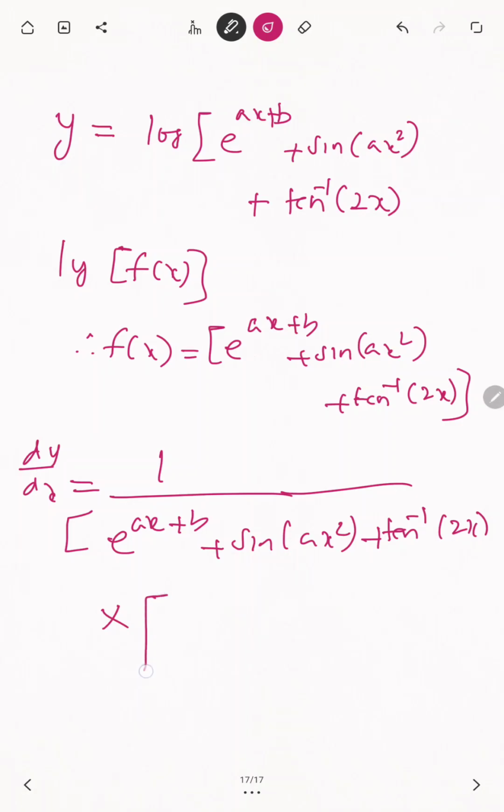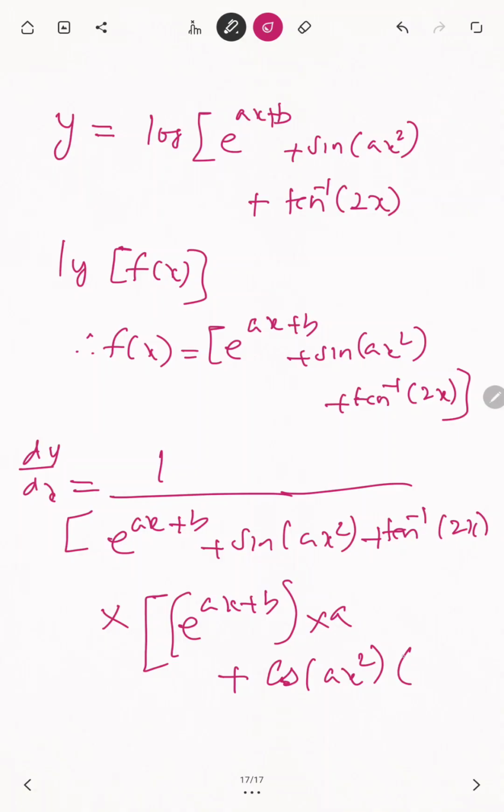It is e power function. Then how to differentiate e power function? Write the function as it is, into differentiate the power. Ax differential is a. b is constant, 0. Then plus sin of ax square, cos of ax square. Differential of sin is cos, and the angle. Power is not there, so no need to differentiate the power. Then it is 2ax plus tan inverse x.